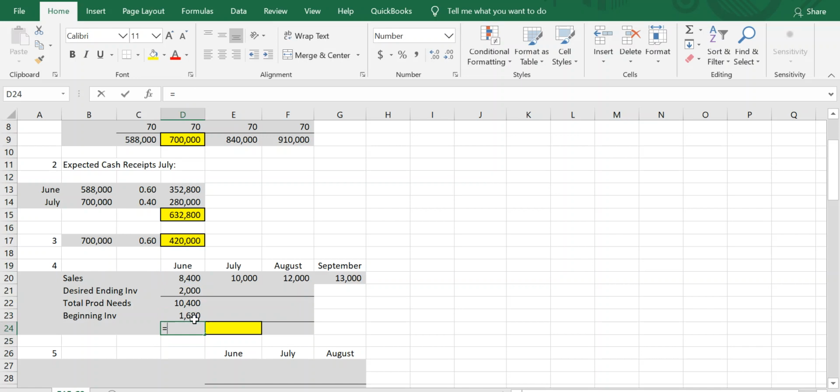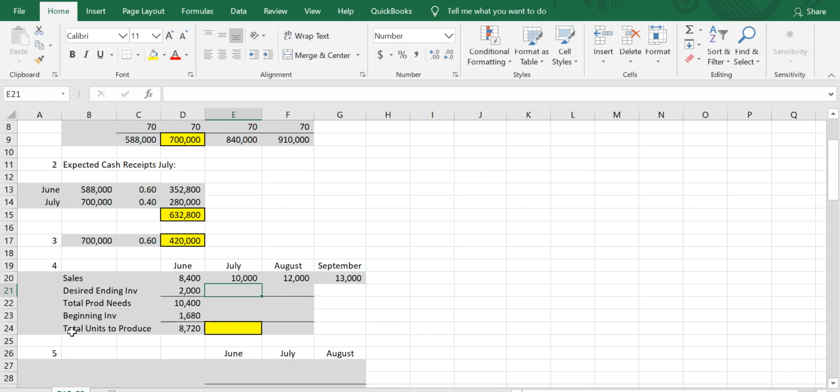So we actually calculate then a production budget, which is our total units to produce, of 8,720.